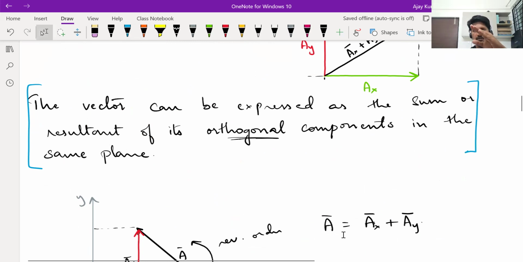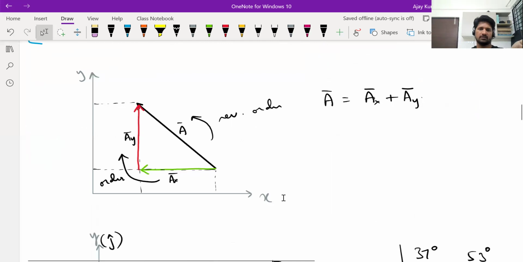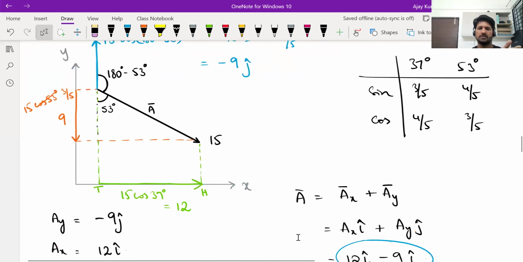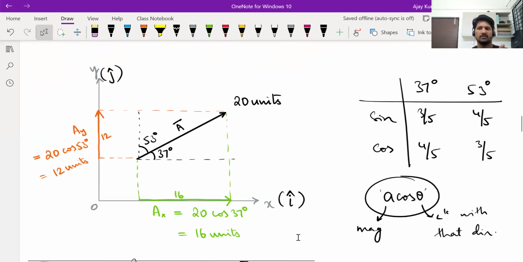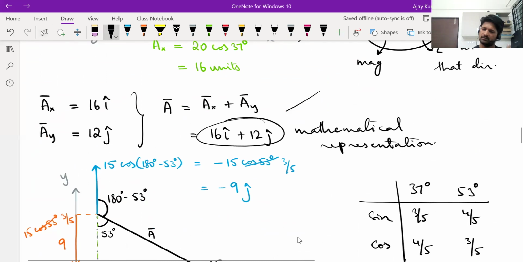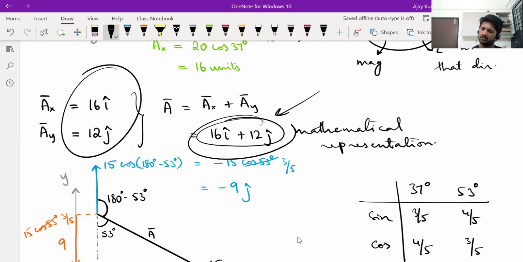So calculate the components of the given vector first, then assign them directions. If the component is in the positive x direction, i cap, positive y direction, j cap, negative y direction minus j cap, negative x direction minus i cap. That way you can write the components mathematically first in terms of i cap, j cap. And if you can write the components mathematically, then the original vector is the sum of those components. Then you can write the original vector also mathematically. That's what we have done here. Components first, then the original vector.